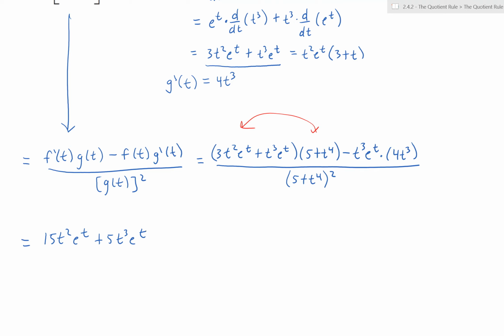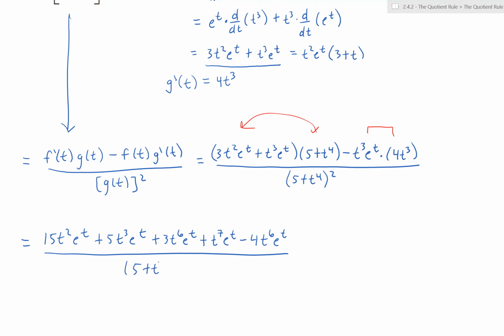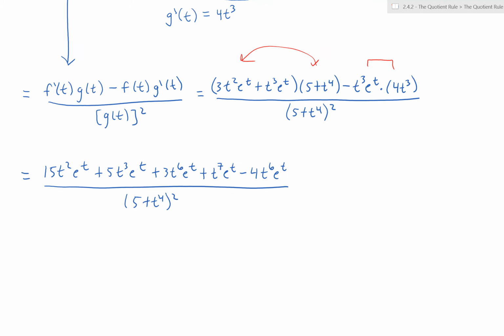So 3t squared e to the t times t to the fourth is going to give me a plus 3t to the sixth e to the t. And then t cubed e to the t times t to the fourth is a plus t to the seventh e to the t. And then finally, let's multiply out those right there. And that's just going to be a minus 4t to the sixth e to the t. And all of this is being divided by 5 plus t to the fourth quantity squared.